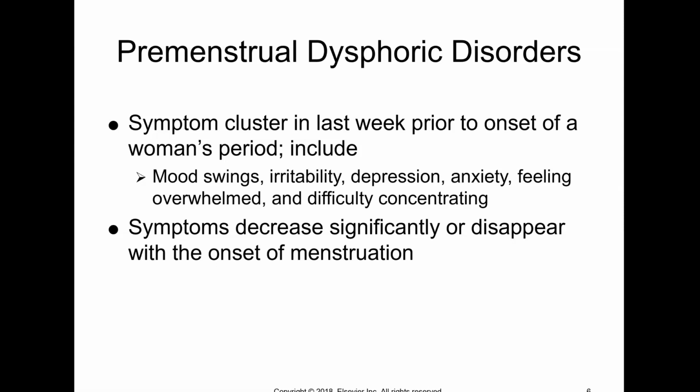But now we're understanding the effects that estrogen and progesterone actually have on premenstrual dysphoric disorder. The symptoms decrease significantly or even disappear once the woman has the onset of menstruation. So it's understood a little bit better, and with that in mind, we can start to combat it a little bit better.